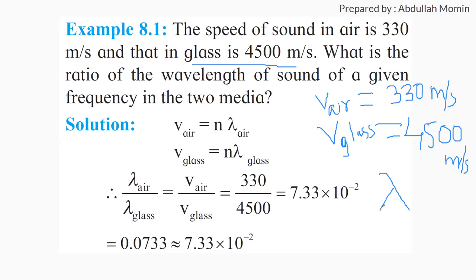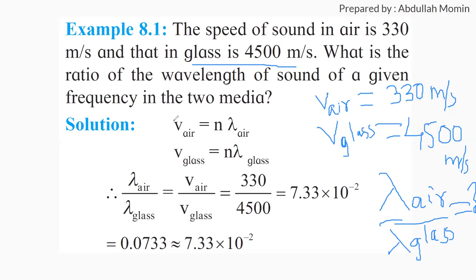We are supposed to find out the wavelength of air divided by wavelength lambda of glass. So V air is 330 and V glass is 4500. We are supposed to find out the ratio of their wavelength, means lambda air upon lambda glass.